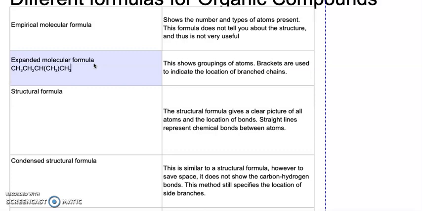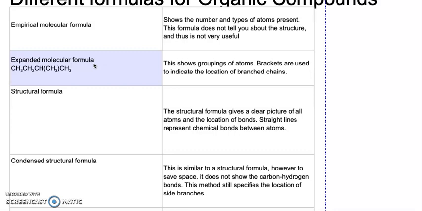Okay, this looks different than the C5H12, but if you count it up, assuming I've done the math right, it should still have 5 carbons and 12 hydrogens. So this one starts to give me a little bit more information. Okay, again, you kind of have to think back to bonding, where it went central atom, what's on it, the next central atom, what's on that.